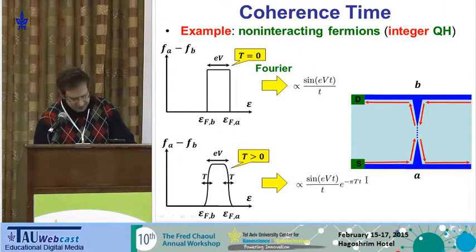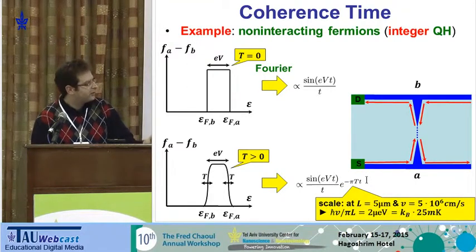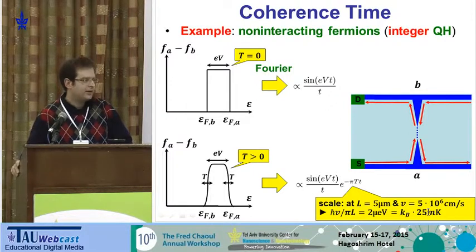Now if we try to plug in numbers, for charge excitations the velocity can be estimated from different experiments. For a typical interferometer size of a few microns and a typical velocity, we see that to see coherence we need temperatures smaller than 25 millikelvin, which is fine. This is what we can get in a dilution refrigerator.